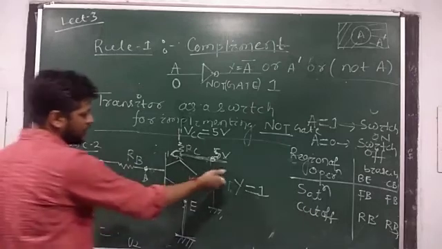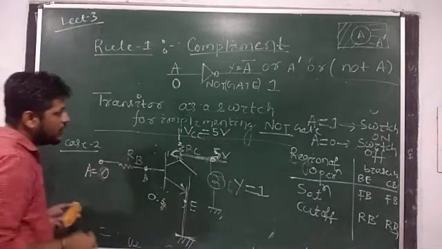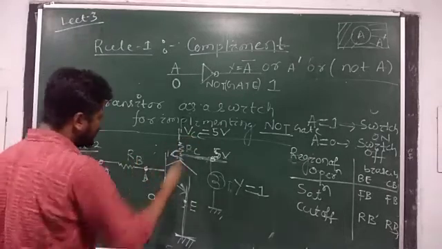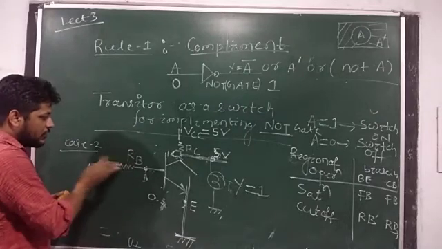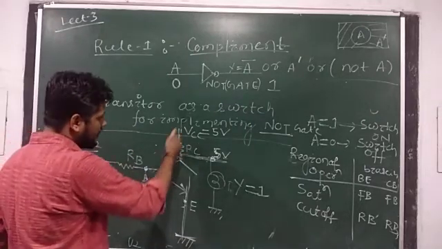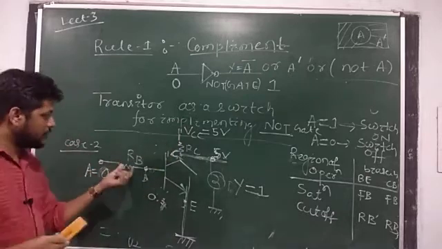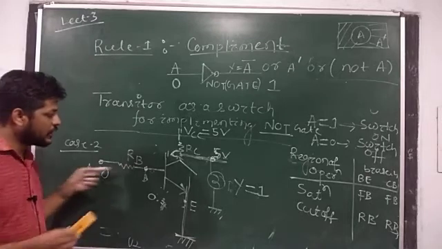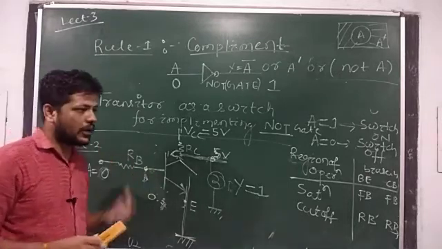Here the output obviously is an LED, and we are applying supply voltage to this base terminal. The purpose of these two resistors, that is RB and RC: RB is the current limiting resistor for the input terminal, and RC is the current limiting resistor for the output terminal. Because if there is no resistor, this path will be short circuited. Hence a huge amount of current will flow into your transistor and it will burn out.